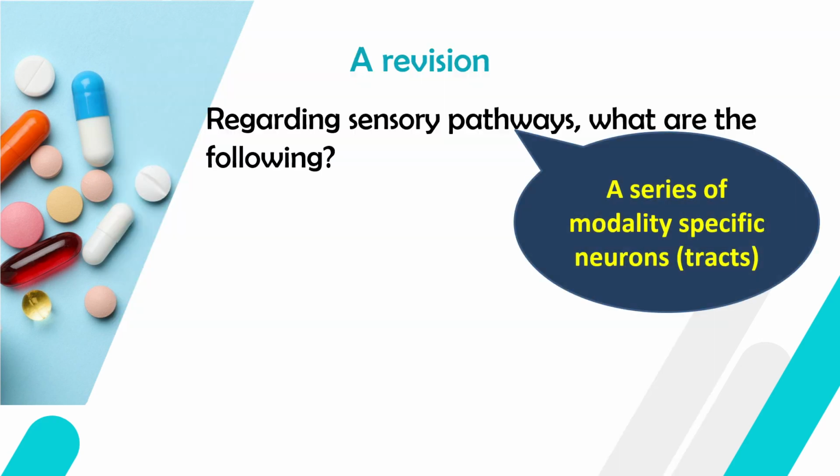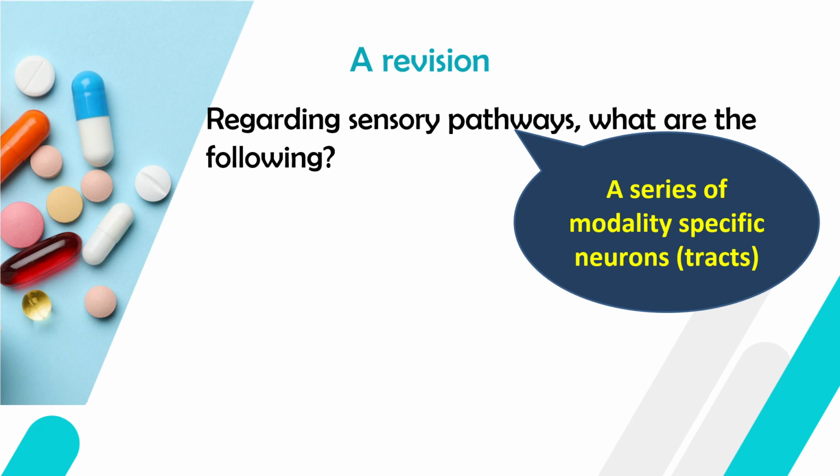Now, in the sensory pathways, and you already started the physiology of sensory pathways. Point number one, I keep repeating it: the difference between tract and pathway. The tract is one neuron starting from A to B, one neuron.